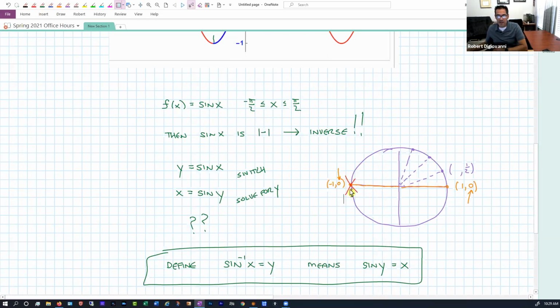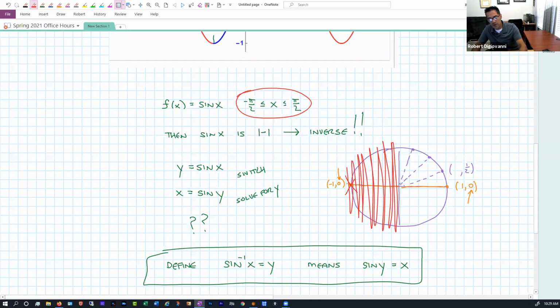Because this is 180 degrees, right? In fact, because of the domain restriction, we are actually not allowed to look anywhere in the second or third quadrants at all, right? Your answers can only come from the first quadrant or the fourth quadrant.